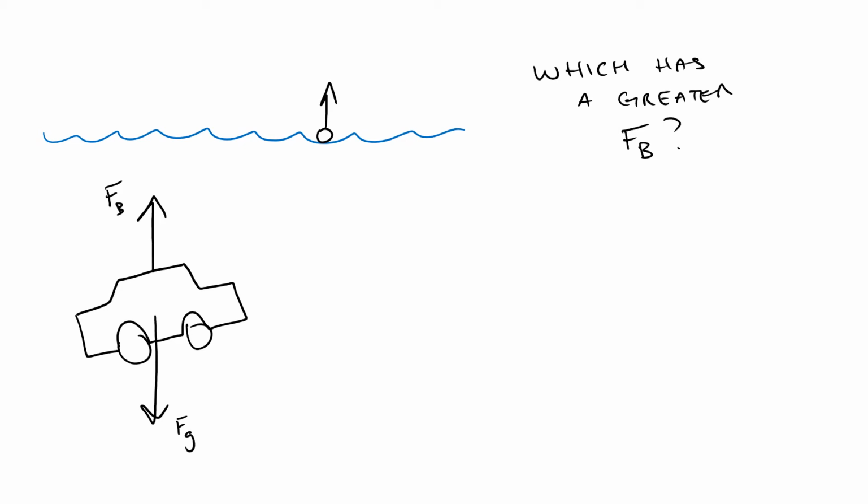So the buoyant force is large enough to let the ping pong ball float upwards, and it will displace an equal weight of fluid to its own weight. All right. So it's our little conceptual brain teaser.